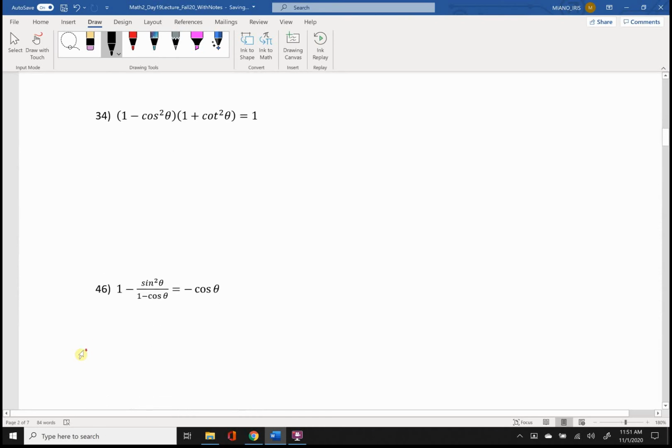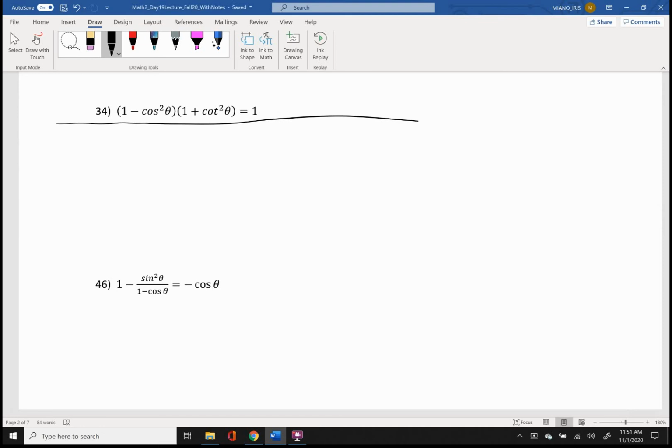Here's another one. And what do we do? Well, if you're following along with me, you're going to do this as your first move. We're going to use that same modification of the Pythagorean identity.